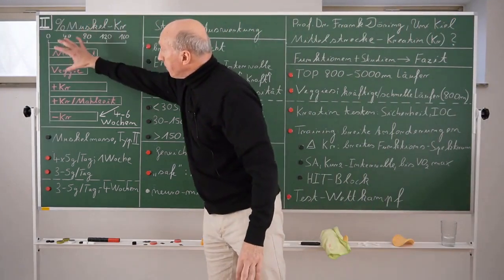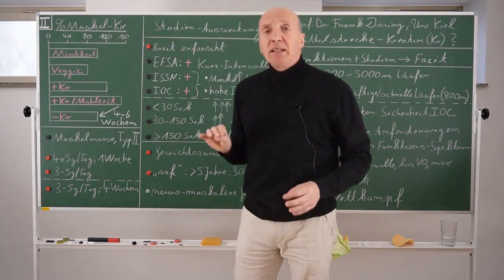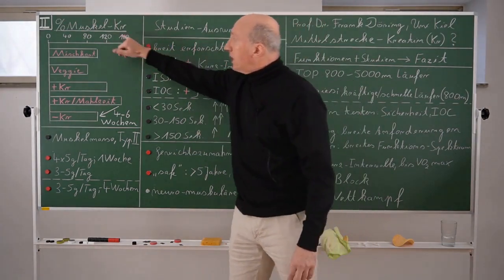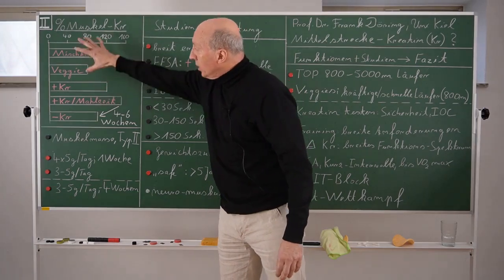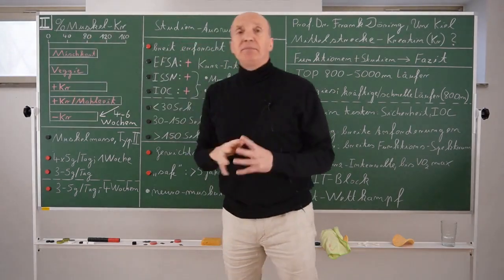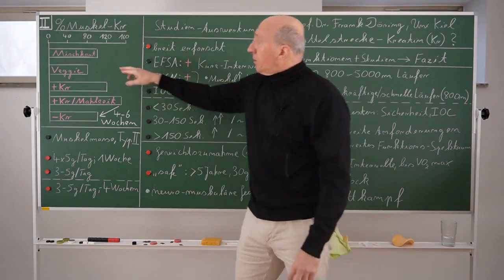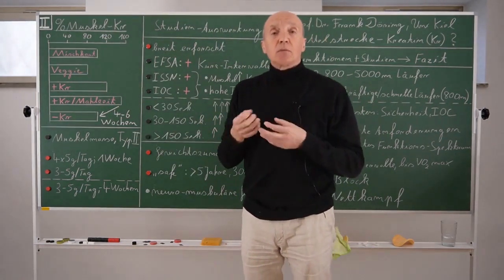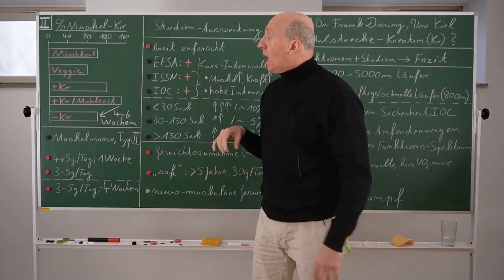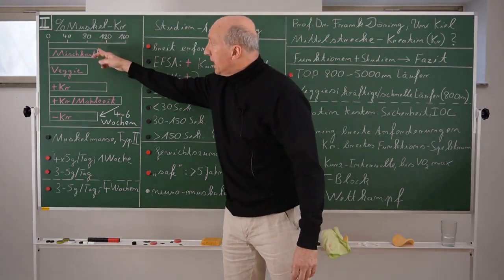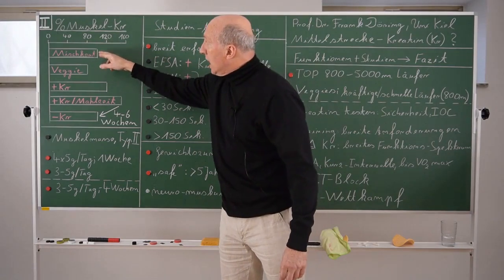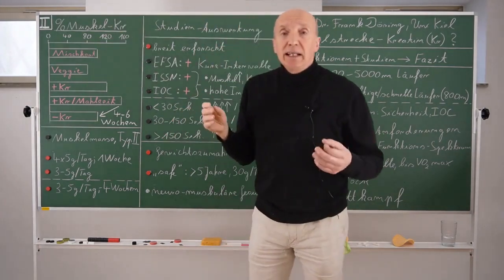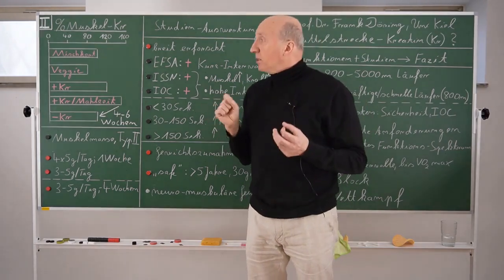Here you can see the intramuscular creatine concentration as a percentage represented under different conditions. A mixed eater, that is, who eats plant-based food and animal foods, I have here at 100%. This means that a mixed eater has a 100% intramuscular creatine concentration.